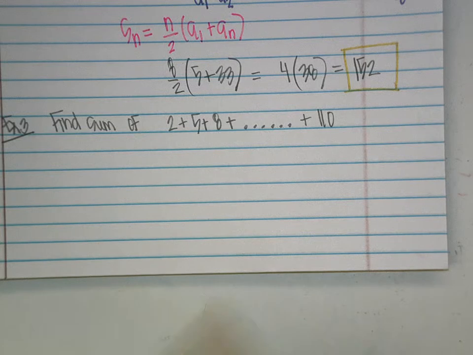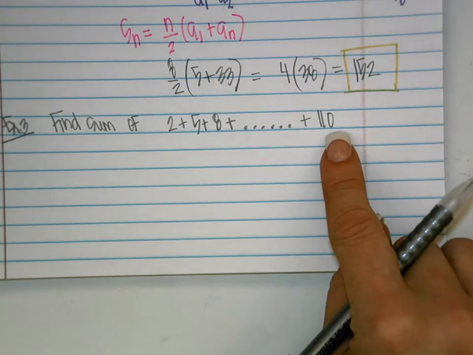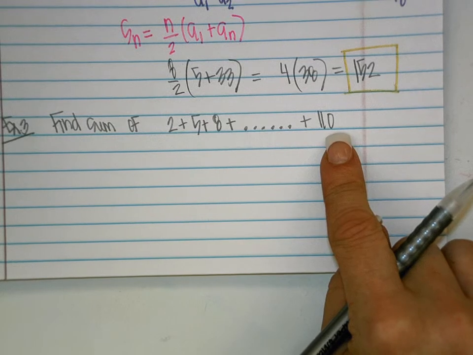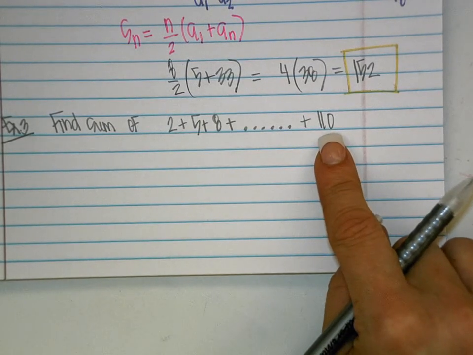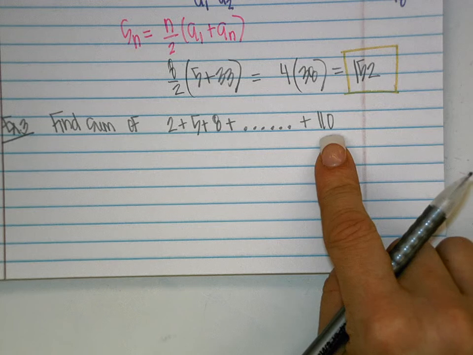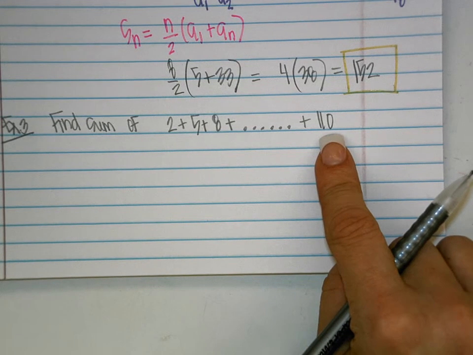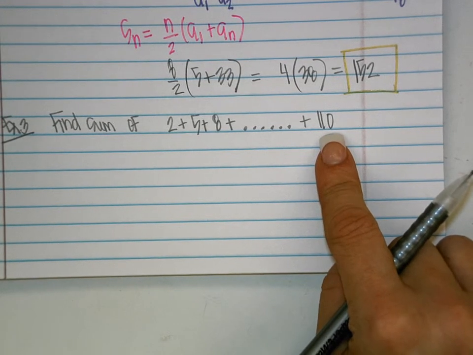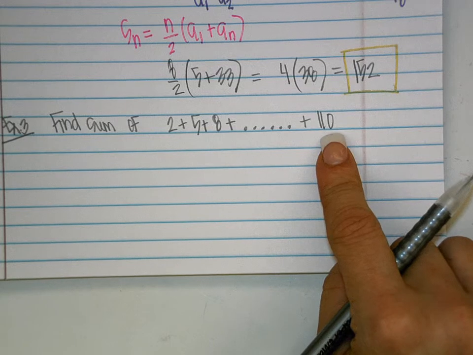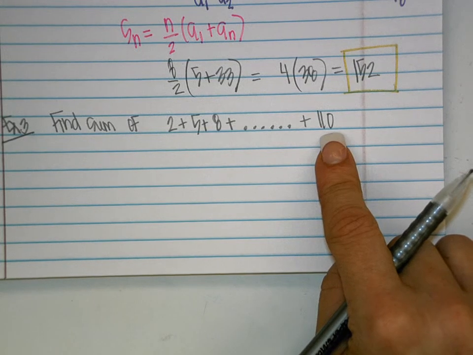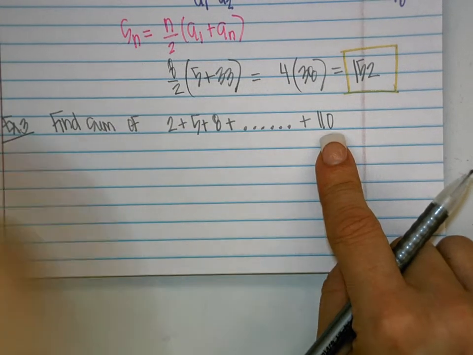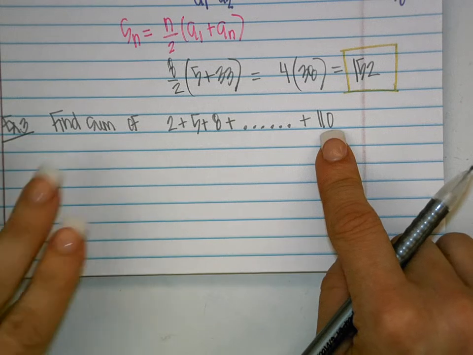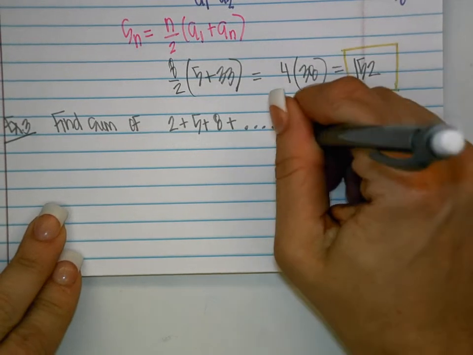What's the problem here? We need to know the total number of terms. Do I know what term number 110 is? No, but can I figure it out? You're going to have to use the other formula from arithmetic sequences, the sequence formula.